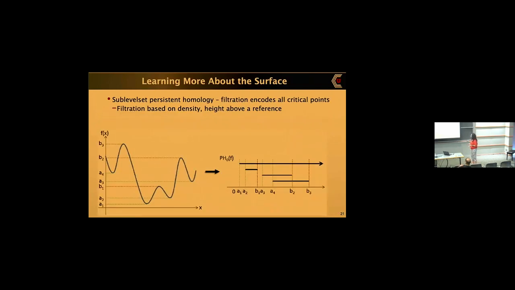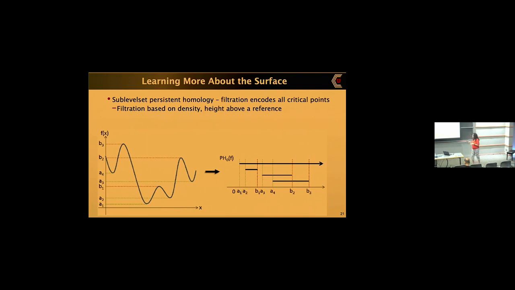Once we have the liquid interface represented in this way from our atomistic simulation, we can map out, using sublevel set persistent homology, all of the minima and maxima and structure on this surface. Basically the way sublevel set persistent homology works is if you have any discretized function or any continuous function, you introduce a filtration starting at the minimum of that function.